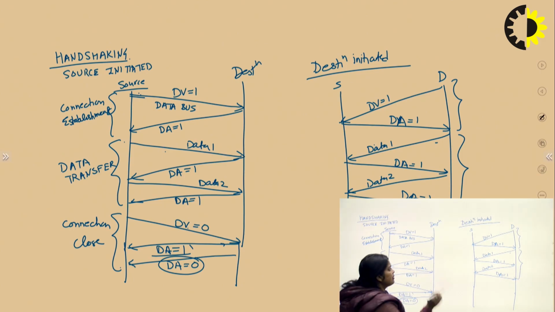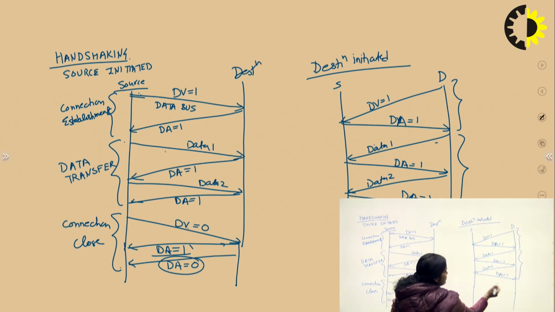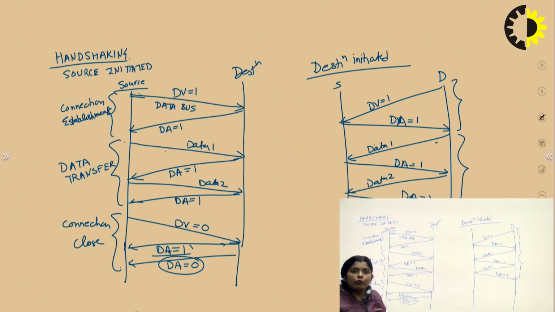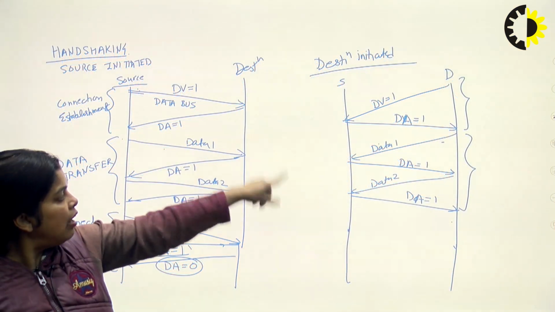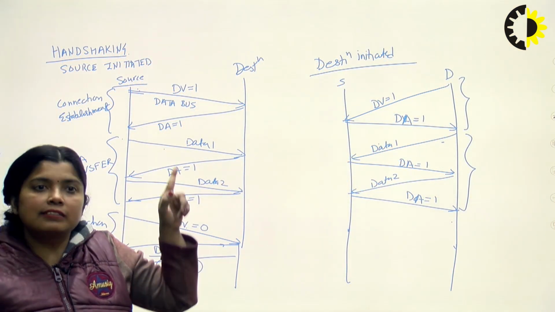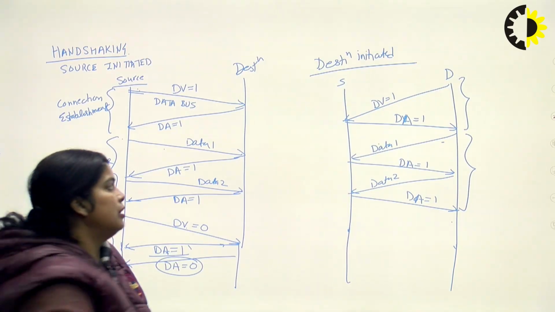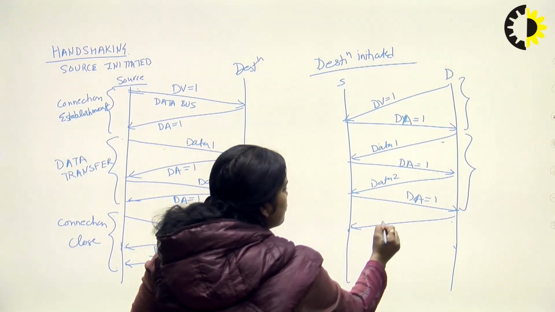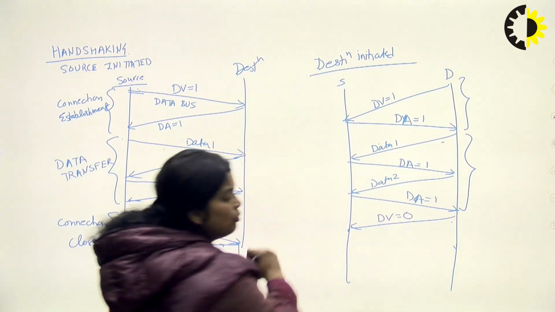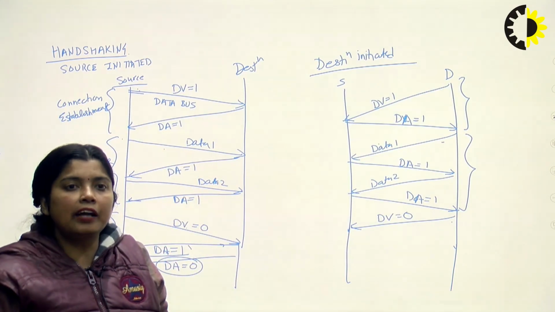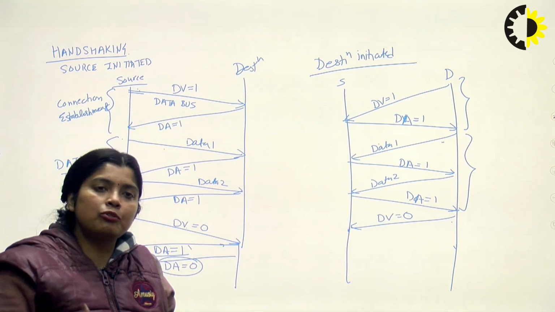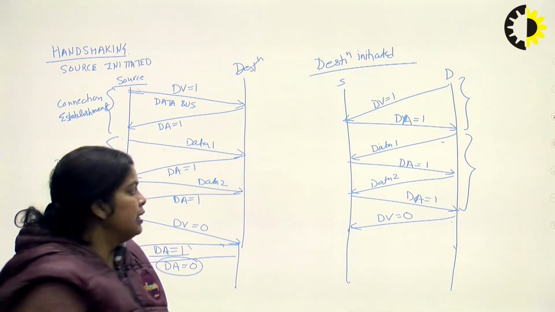Now, the same procedure, source to destination. Who is going to close the connection? Because it is destination initiated, the destination will start closing the connection. It means it is transmitting DV equal to 0: I don't have a data and I don't want to communicate. I have completed my data transfer.